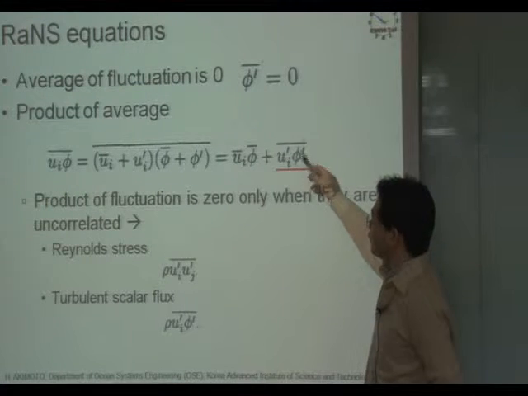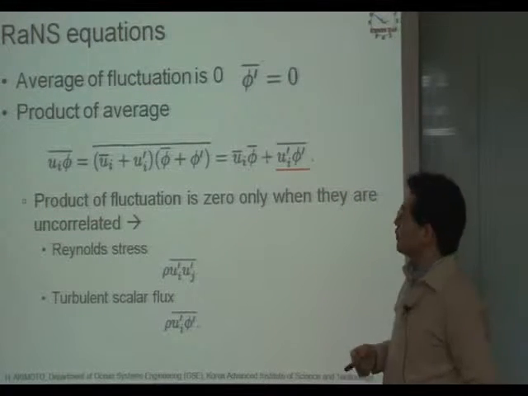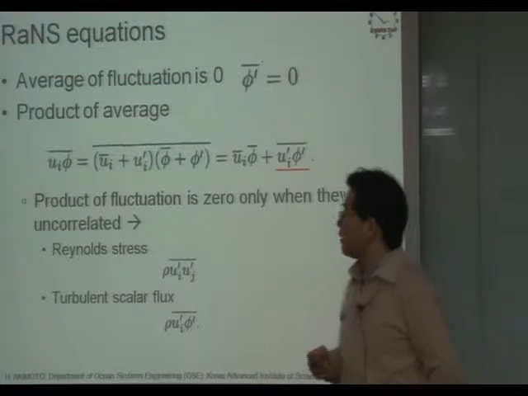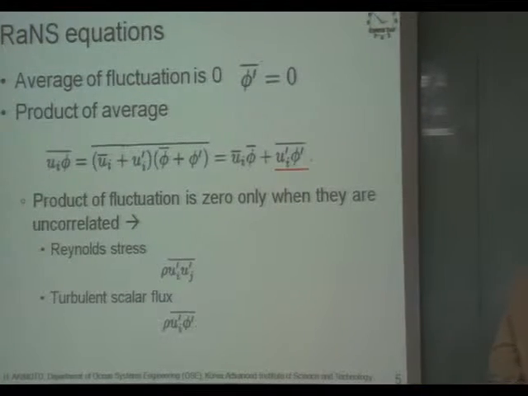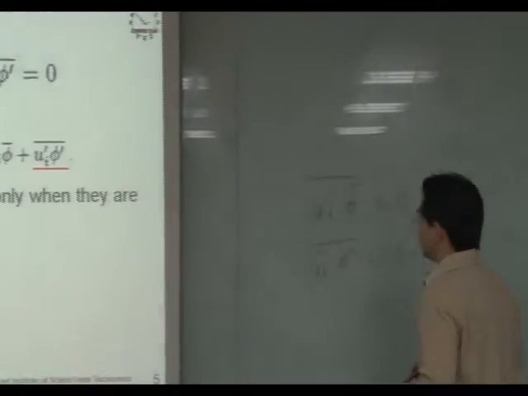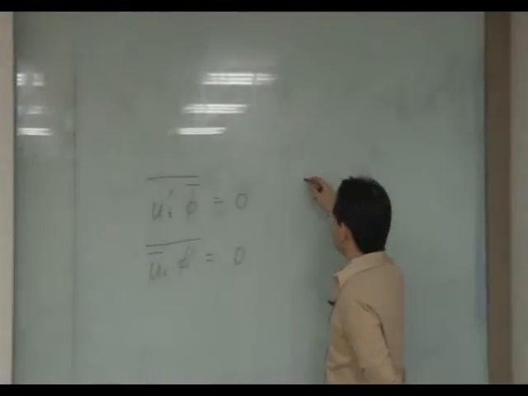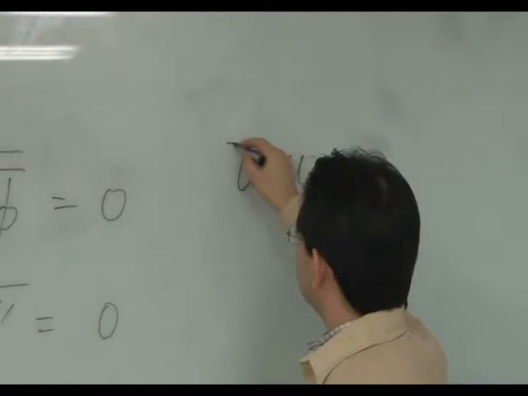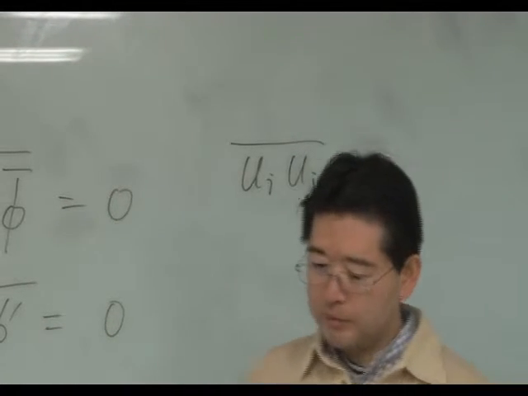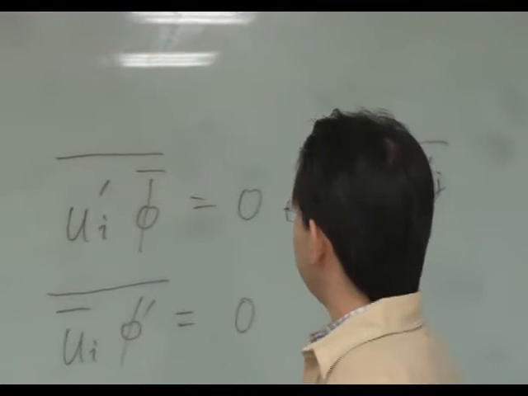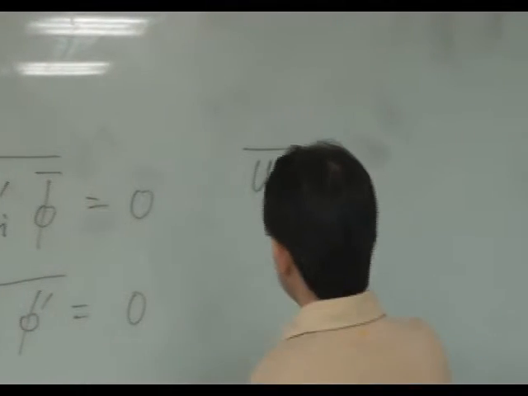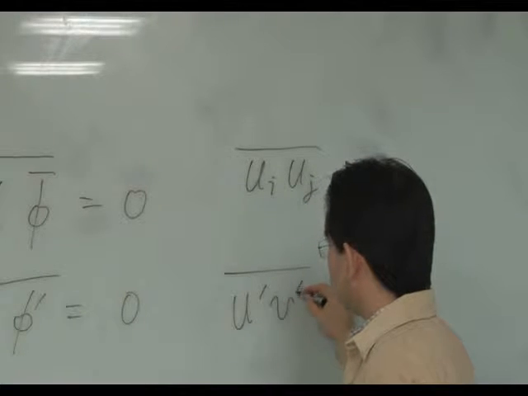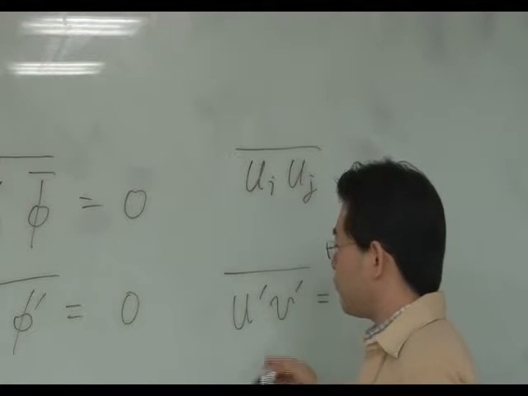We cannot delete this one because sometimes these two components have correlations. Most important correlation occurs in the product of two velocity components. I think considering this one is better.